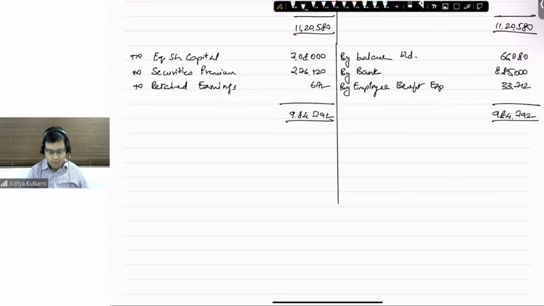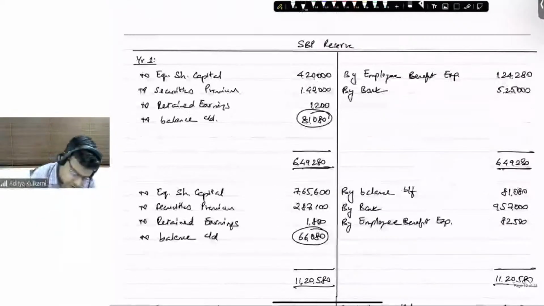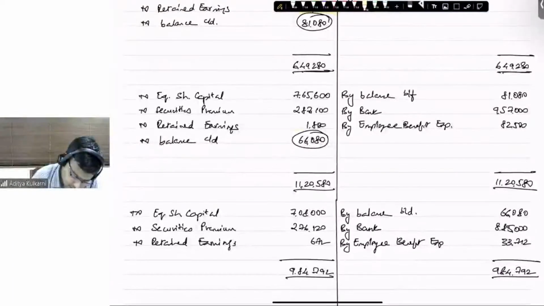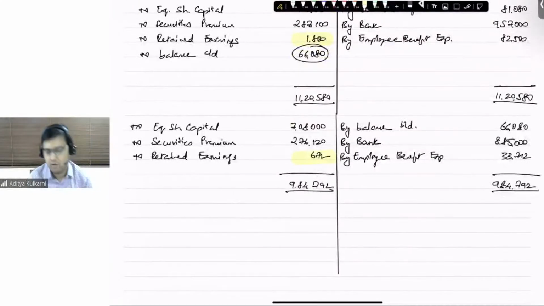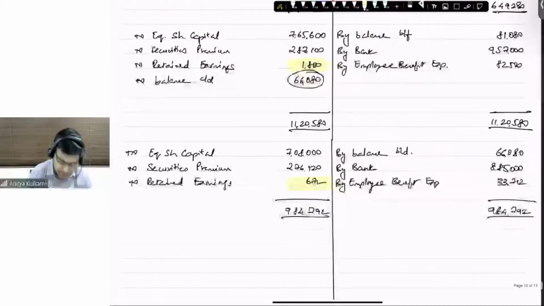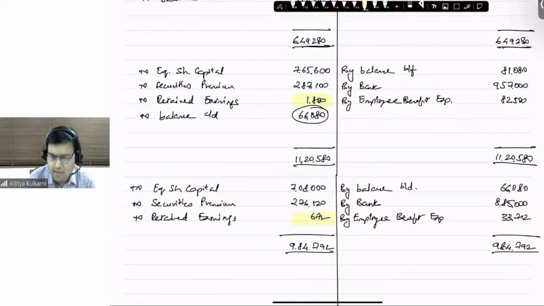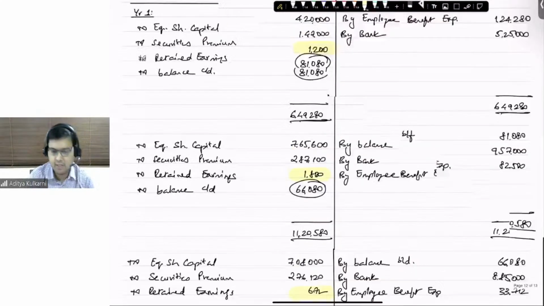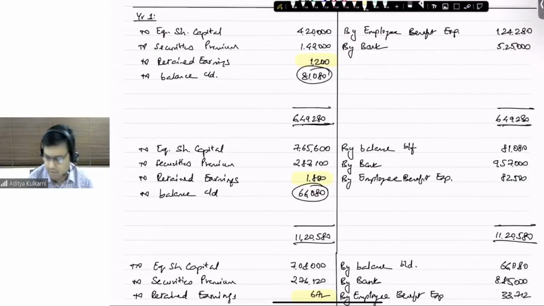What about forfeiture? This is a forfeiture. All these forfeitures are basically what are getting lapsed. So the last one is for 2 employees. The second year is for 6 employees. The first year is for, I think, 10 employees.